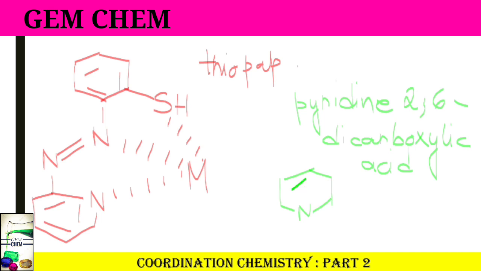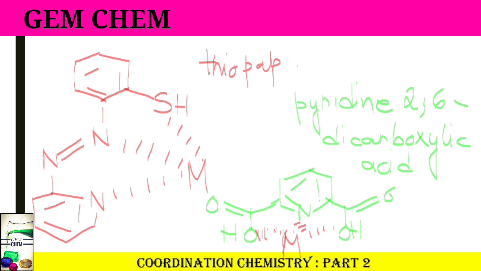This is our pyridine, done. Then on both sides of the nitrogen draw acid group. This is easy, right? So acid group is being drawn. Now the donor centers will be oxygen. 2 oxygens will be our donor center, and nitrogen will be our donor center, and here will be our metal, right?